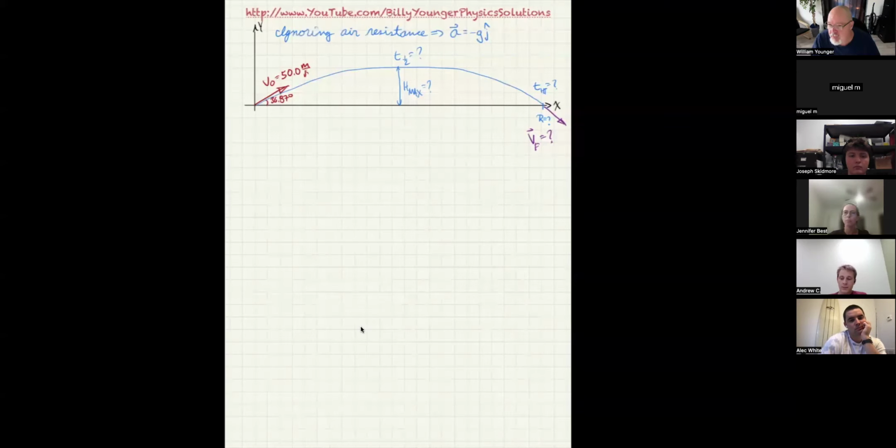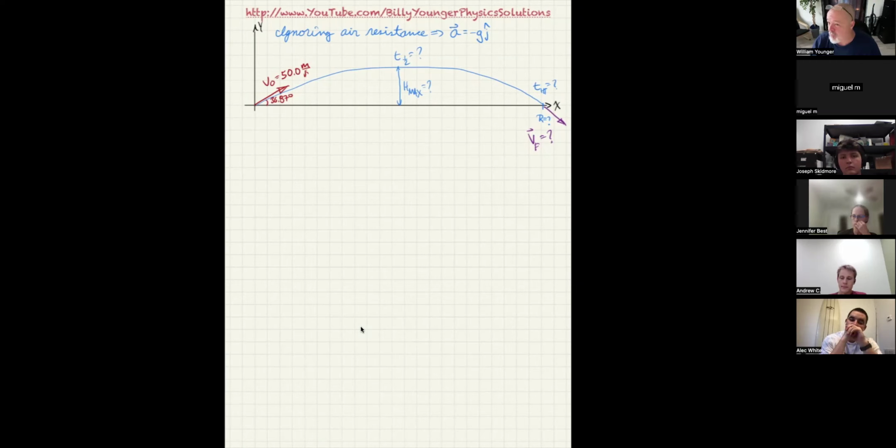Okay. And I just put the negative there because we obviously drew up as the positive y direction. And since it's the y direction, the j hat is the appropriate direction for the gravitational acceleration. And it's important for you to understand that the instant this ball leaves the barrel of the gun, since we're ignoring air resistance, the acceleration is going to be negative g the whole time.